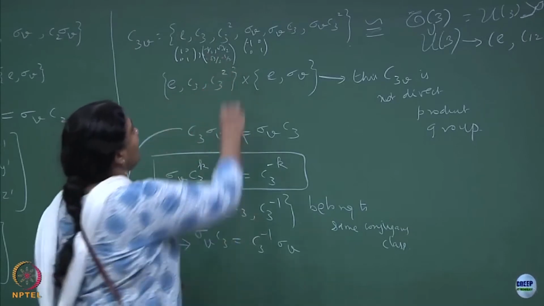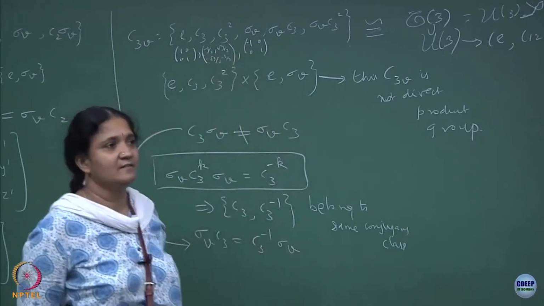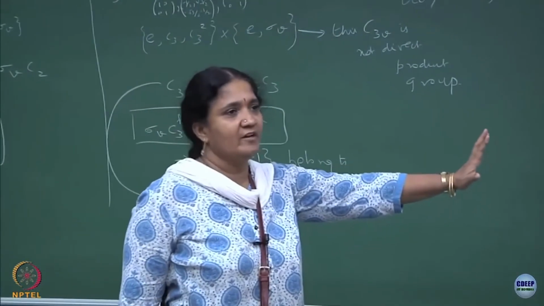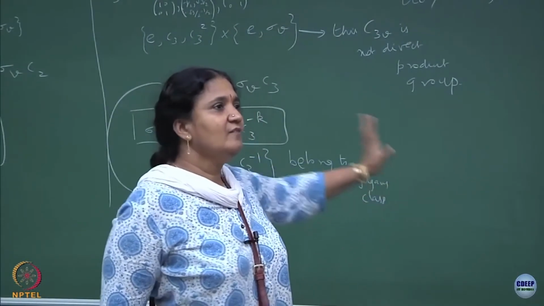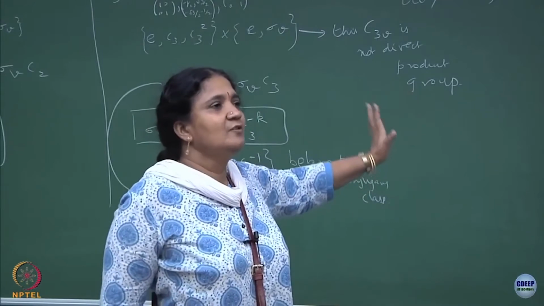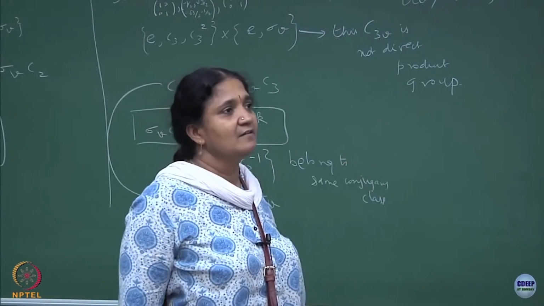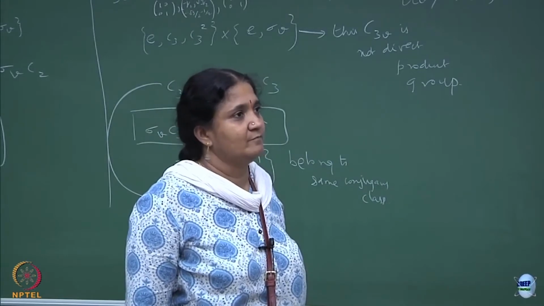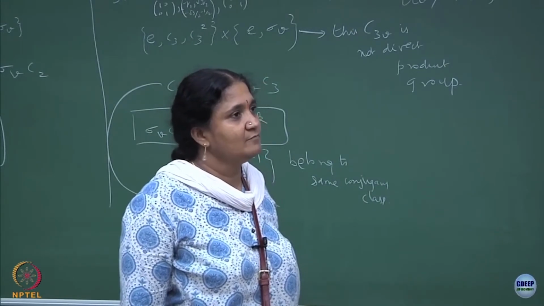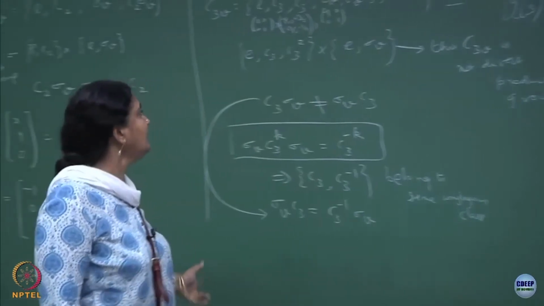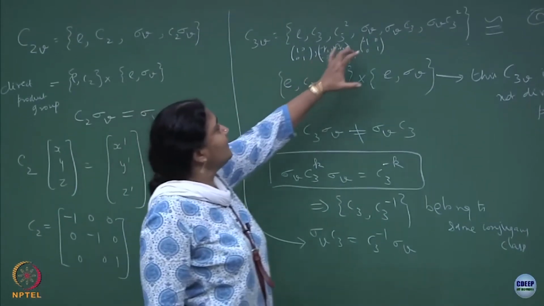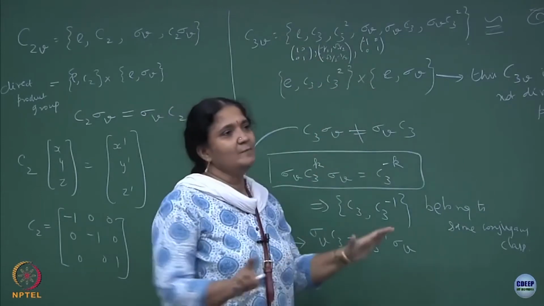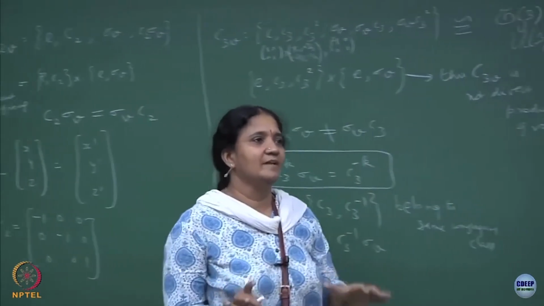So, you can write all the matrices which act on the xy coordinates alone, and it gives you another representation, which is a 2-dimensional representation for the C3v group, correct. Why is it a representation? The product of this with this will give me identity. I can see that the multiplication table is satisfied by these matrices.